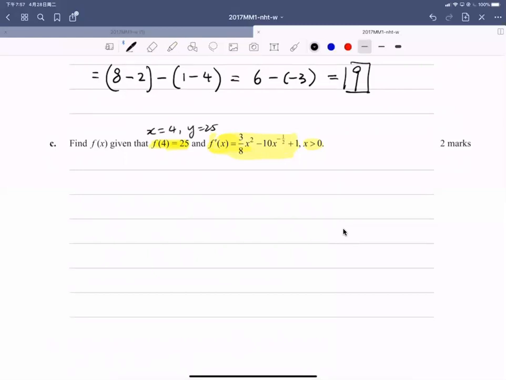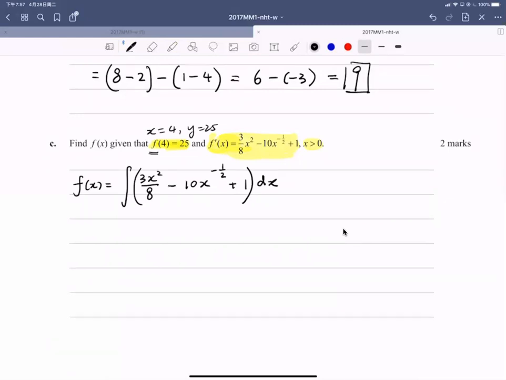But your answer should be written in terms of f rather than y. Let's do f of x as the integral of 3x squared over 8 minus 10x to the power of minus half plus 1. And don't forget your dx.